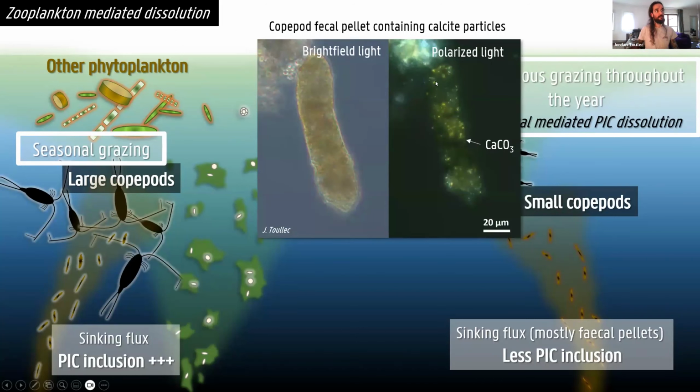It's based on microscopy with polarized light, which reveals birefringent materials such as calcite, and we see that we have a lot of spots of birefringent material which are coccoliths.